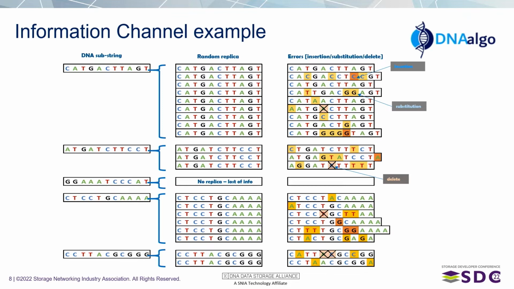Then on each strand, errors can occur. Errors can be substitutions, which are depicted in yellow, where it should be an A and it happens to be a G. It can be an insertion: here, a C depicted in orange went in between the T and C. At that point, the length of the strand changes because it may increase, so it's not fixed.